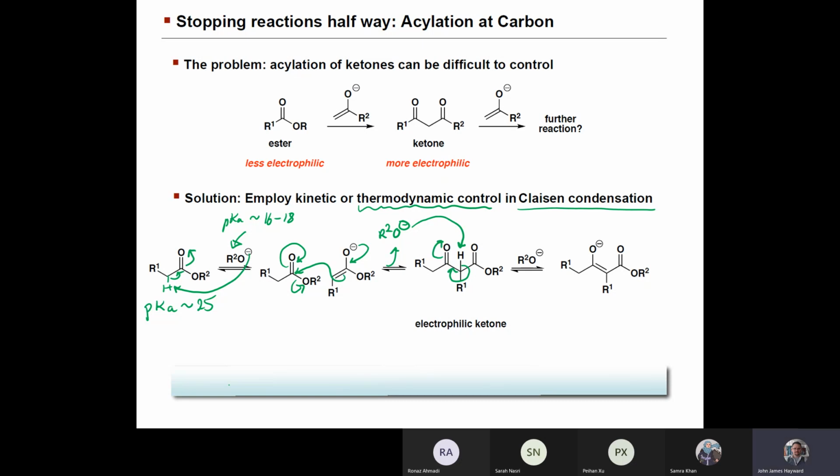So we actually get production of this conjugated enolate. It is stable and it is non-electrophilic. Okay. And this is the product under the reaction conditions.